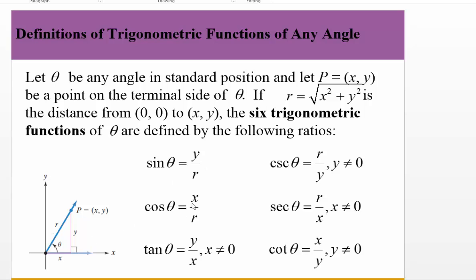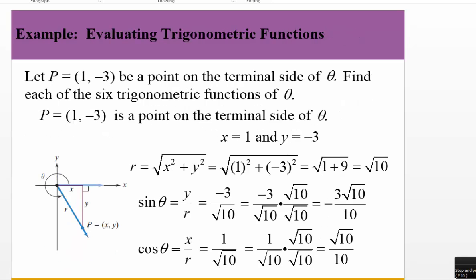Cosine is x over r, maybe adjacent over hypotenuse. Tangent is y over x, opposite over adjacent. And of course, if we have the big three here, we've got the reciprocals, cosecant, secant, and cotangent. Now notice on some of these, of course, the denominator of none of these fractions can ever be 0, or we'll have an undefined fraction.